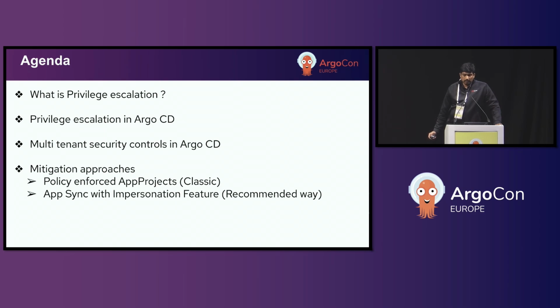And then we want to introduce a new feature, which is app sync with impersonation. This is a feature that we developed at Red Hat, and it's in an alpha state. This is the approach that we are recommending for the privilege escalation issue. Last, we'll look at the summary and the key takeaways.